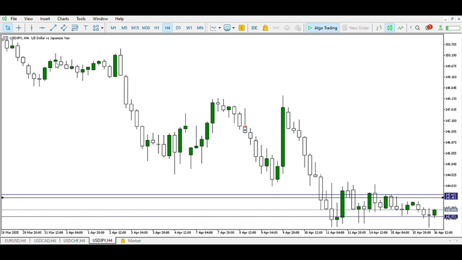So we are going to be backtesting four major pairs, which are EUR/USD, USD/CAD, USD/CHF, and USD/JPY. We are going to be backtesting only sell opportunities on these pairs.